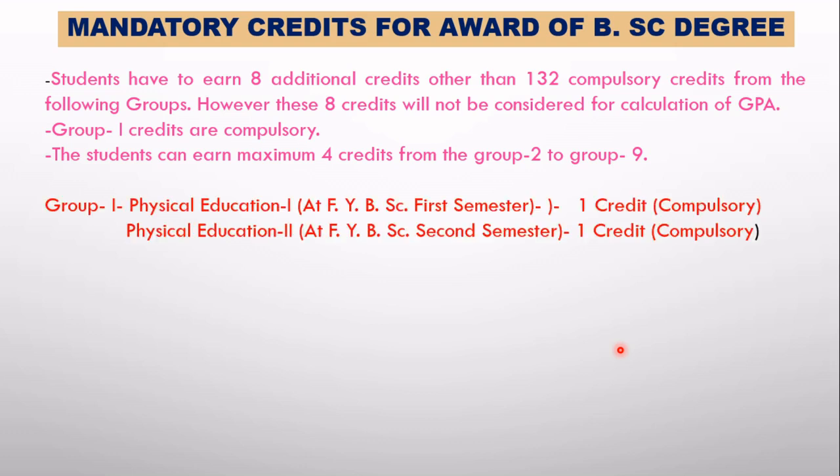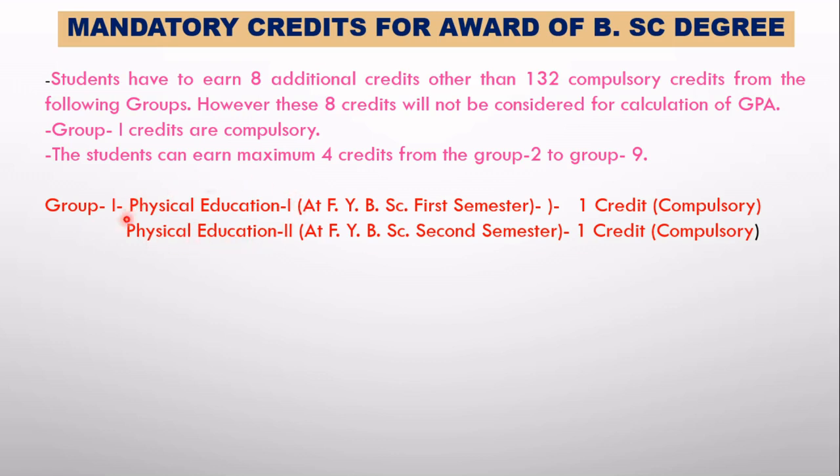So see here, in group first we have physical education at FYBSc first semester. It has 1 credit. Physical education second at FYBSc second semester, it has 1 credit, and these 2 credits are very compulsory, means there will be no choice. So group first credits are mandatory for the students.